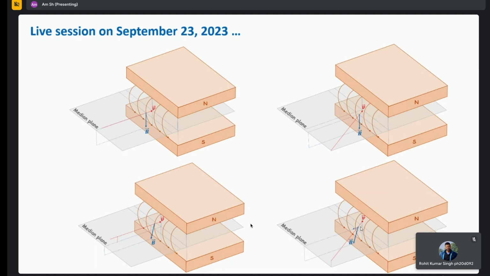This means in a sector magnet, there will be no vertical effect. But if we have an orientation other than a sector magnet, there will be vertical focusing or defocusing depending on whether the edge angle is positive or negative. If it is positive, then definitely there will be focusing in the vertical plane, and if it is negative, then there will be defocusing in the vertical plane.